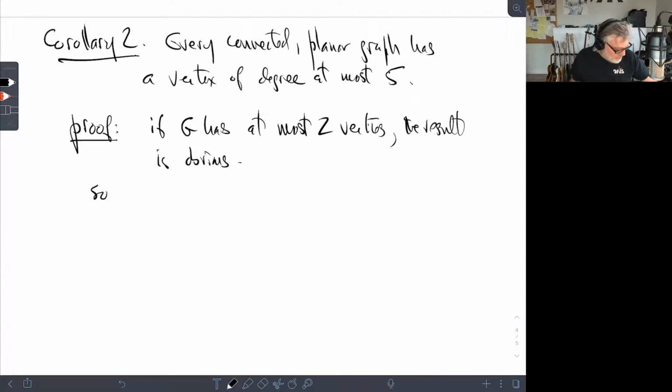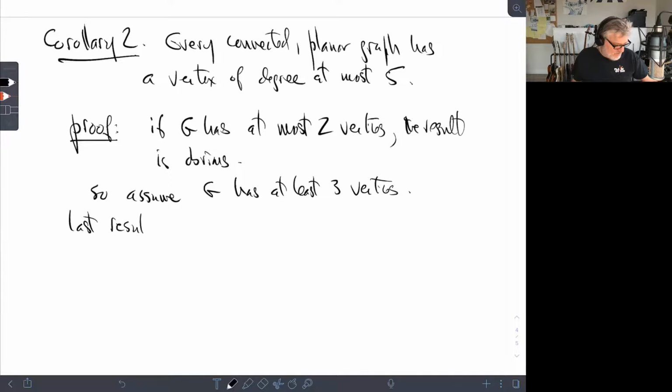So assume G has at least 3 vertices. Okay, last result says that E is less or equal to 3V minus 6. Okay, so we know this. Let's assume for a contradiction that every vertex has a degree at least 6.